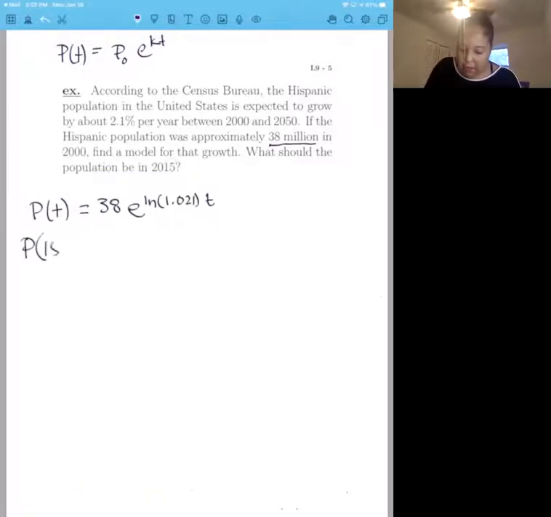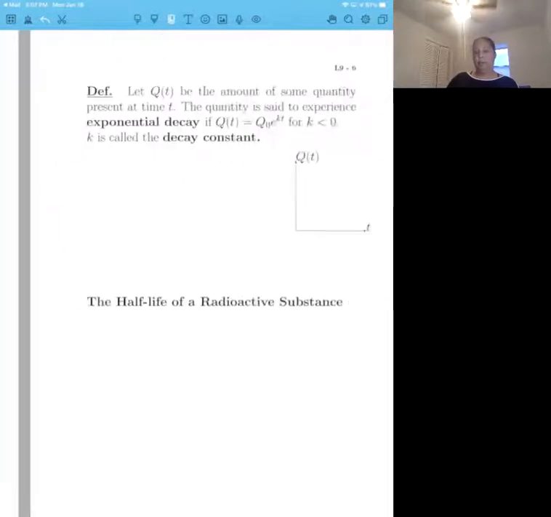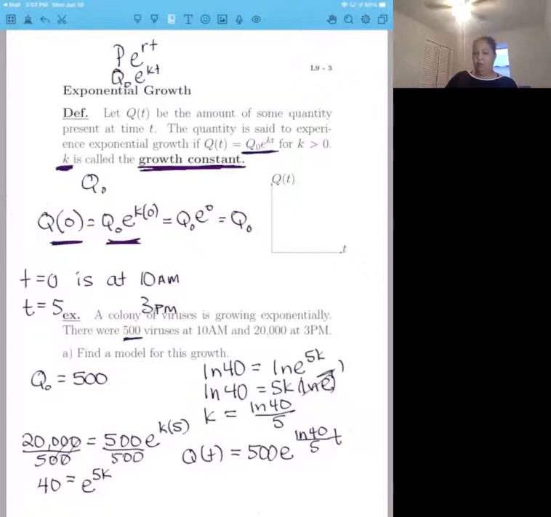So P of 15 is equal to 38 e to the natural log of 1.021 times 15, and this is just a matter of plugging it into your calculator, and you're going to get 51.9, and again, this is in millions, so 51.9 million. All right, so that was a different type of question to come up with K, right?